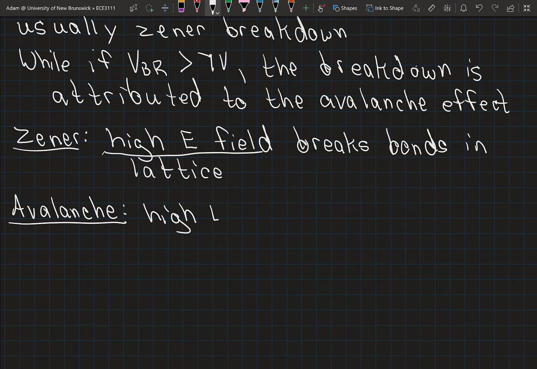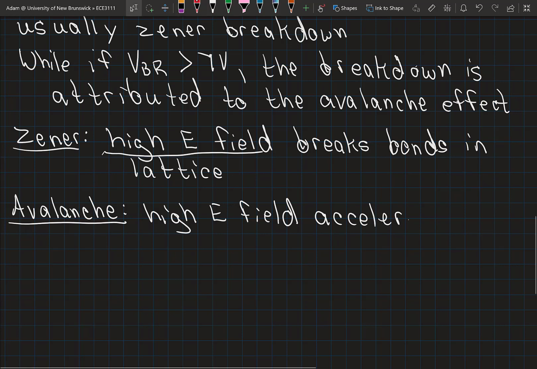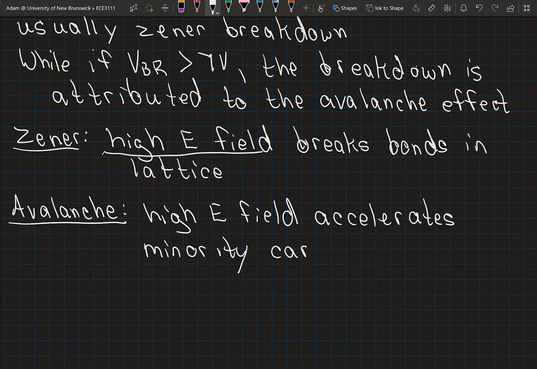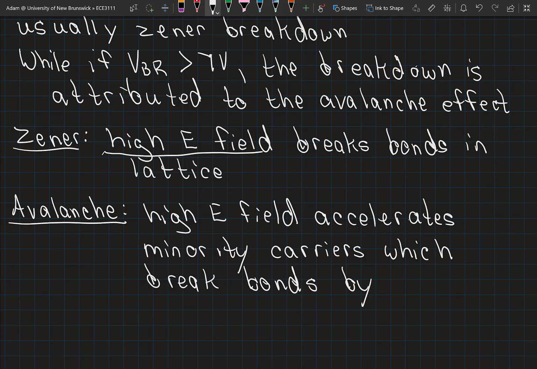The result is still initiated from a high E field, but this high E field accelerates the movement of these minority carriers across our depletion region with such force that it will have our bonds in our lattice structure become broken by collisions.